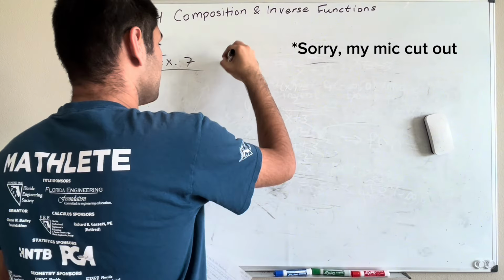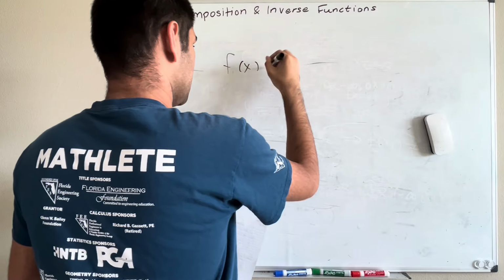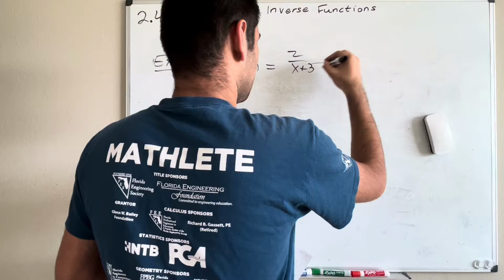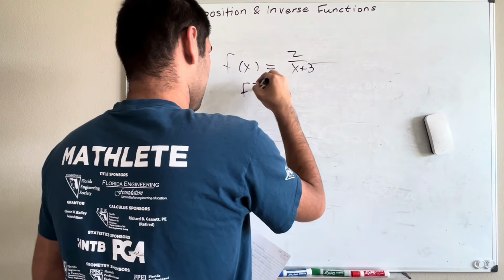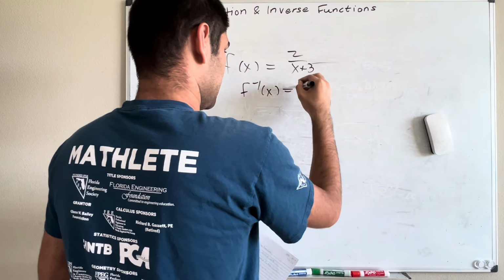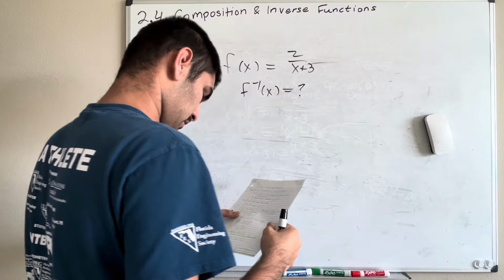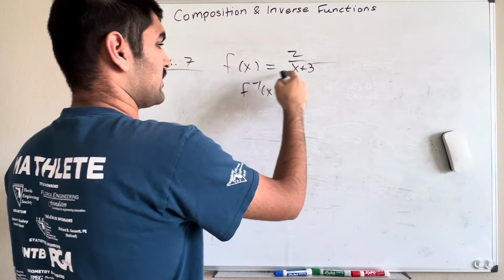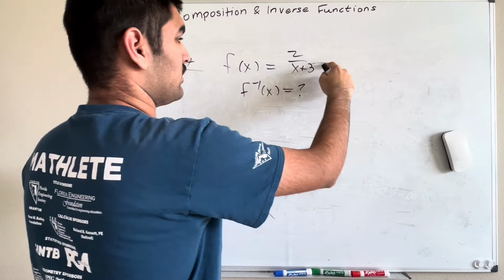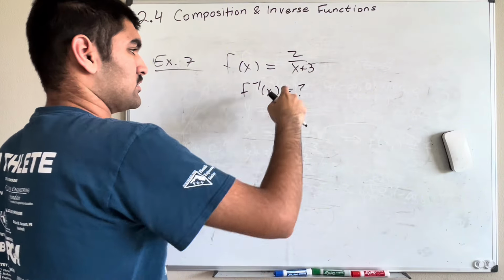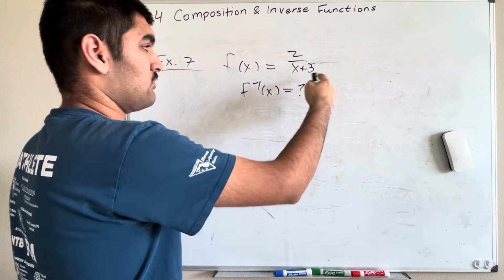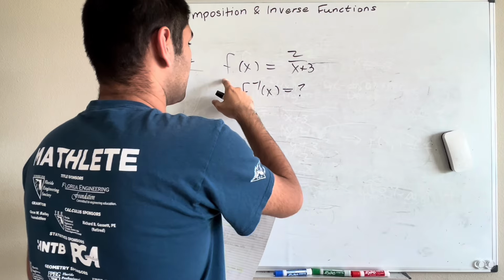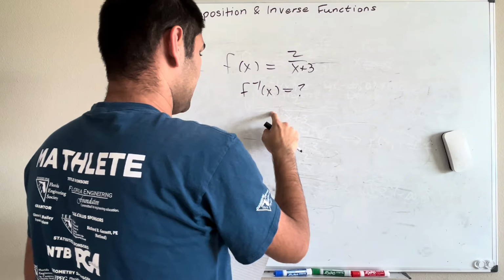All right, so now let's move on to example 7. Let's say I gave you some function f of x is equal to 2 over x plus 3, and I want you to find f inverse of x for this function. Okay, so the first thing we have to see is, is f of x 1 to 1? And yeah, it is, right? Because for every input value, there's exactly one output value for this function. So that means that the inverse function does exist for f, so we can find it.